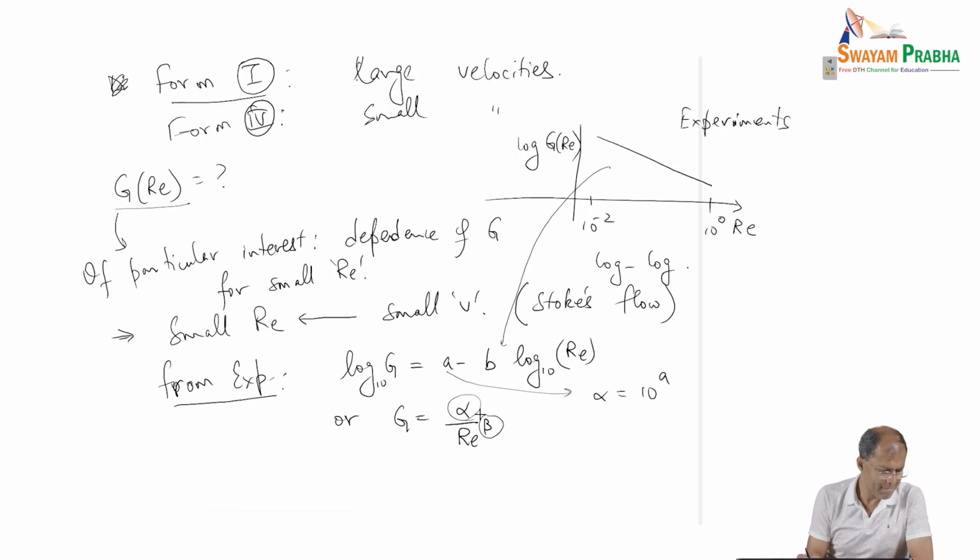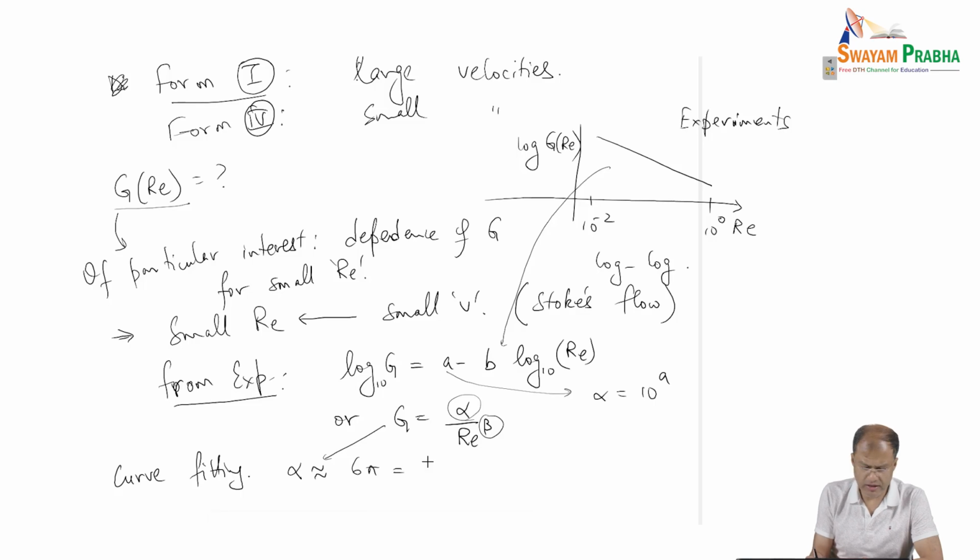Further experiments have shown that if we do a curve fitting, alpha comes out to be roughly 6 pi, which is roughly 17.6, and beta roughly comes out to be 1.